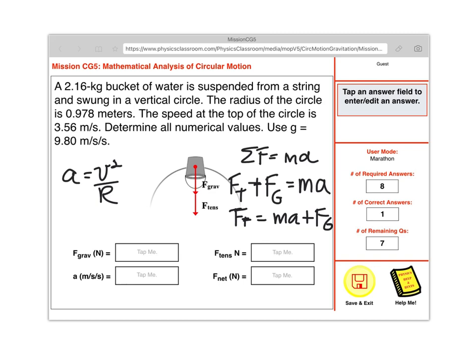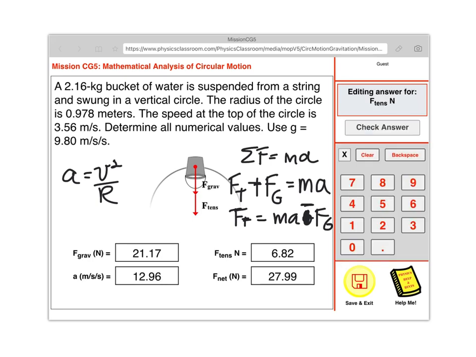That means to get the tension force, in this case, you're going to have to subtract the gravity force to get the tension force, as you'll see when you do the calculation, and the acceleration is calculated the same way. So think about this, so you're not blindly doing calculations.